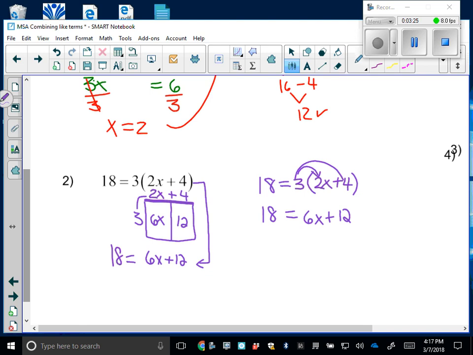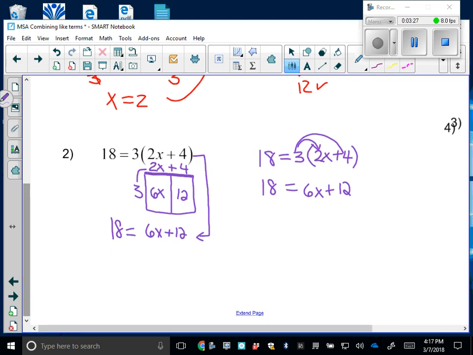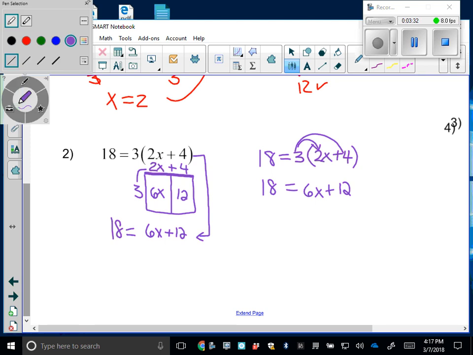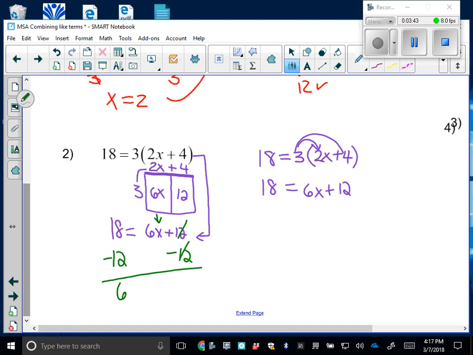We don't have any like terms to combine, so we just solve this two-step equation. So I'm going to subtract the 12 from both sides because I'm trying to isolate the variable x. These cancel, and I get 6 equals 6x.